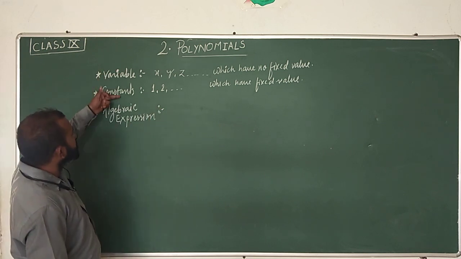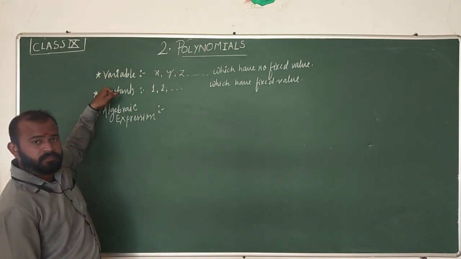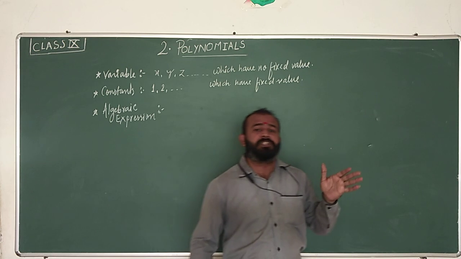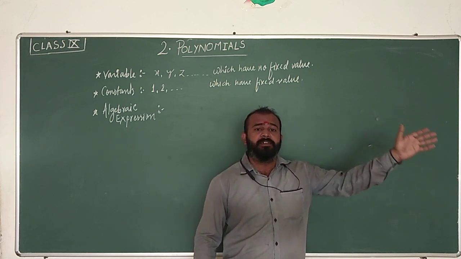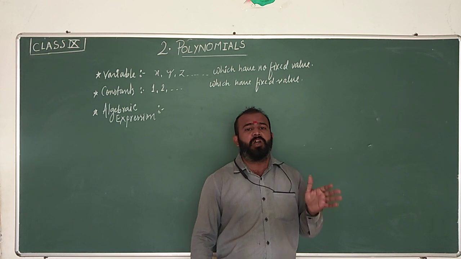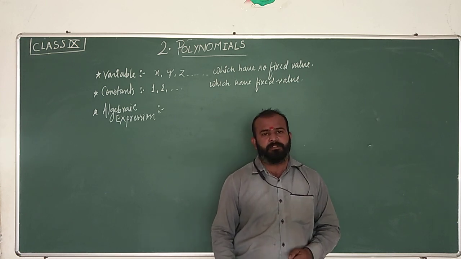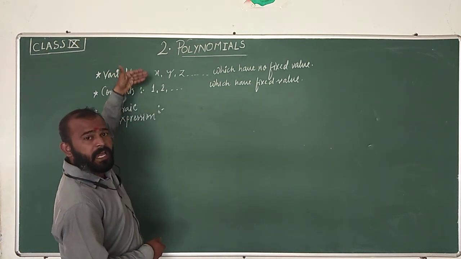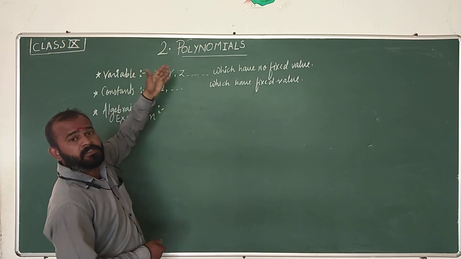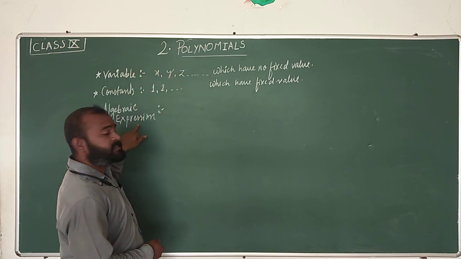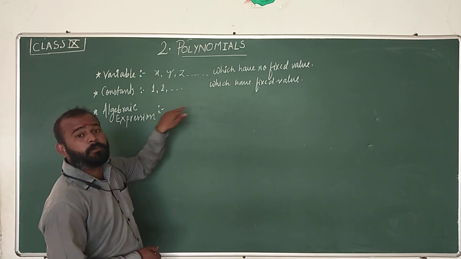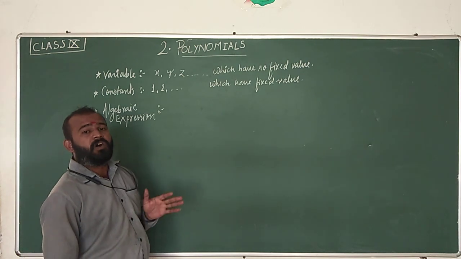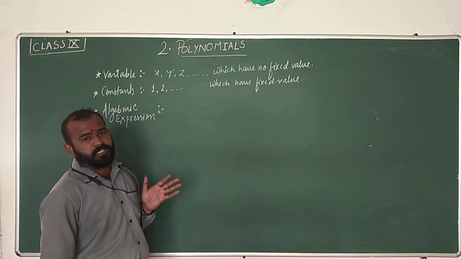The combination of variables and constants with the signs, with the basic operations, addition, subtraction, multiplication and division, is called an algebraic expression.